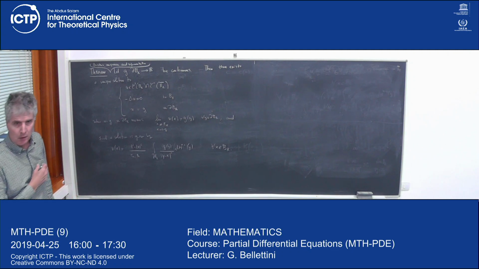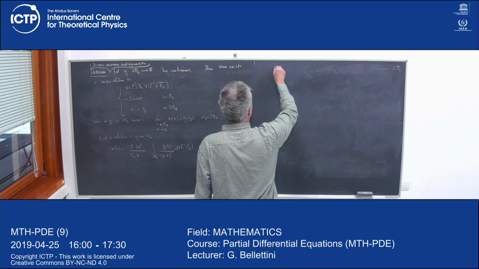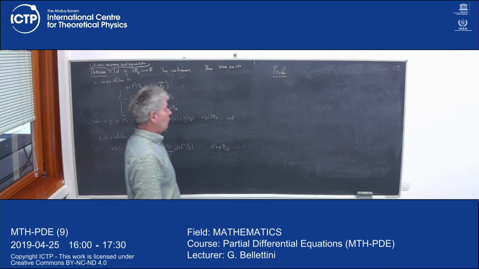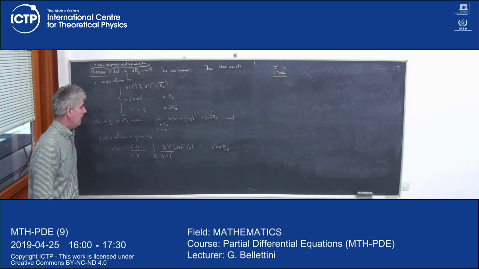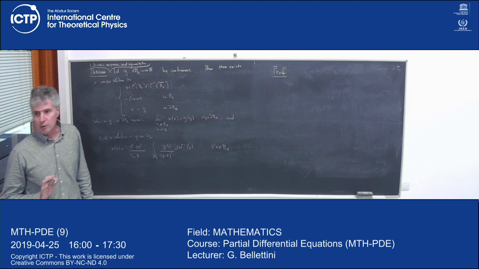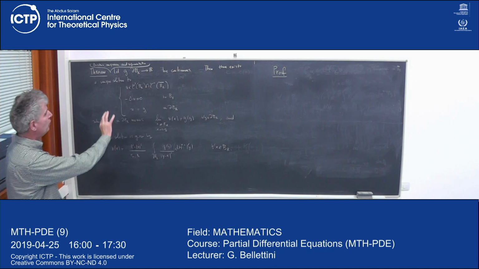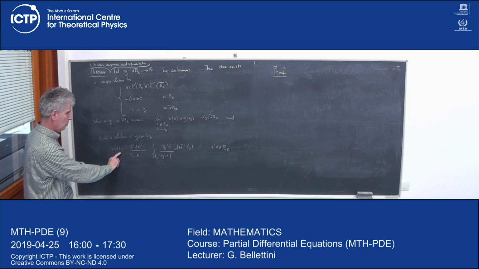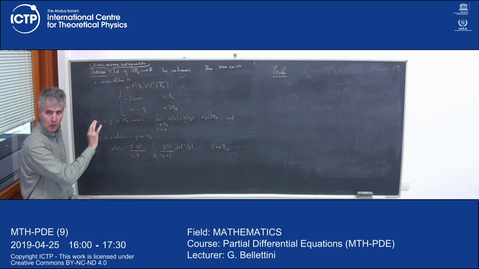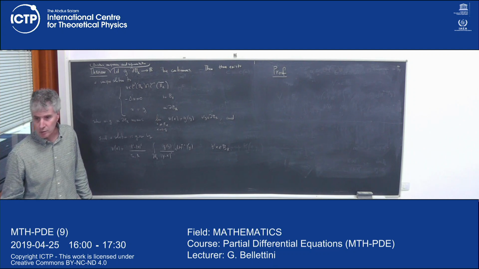Okay. Then, let's see, there is an easy and a difficult part. So suppose, what about uniqueness, first of all? Suppose that we are able to show that this u is a solution to this problem. Well, we know that such kind of problems have a unique solution.